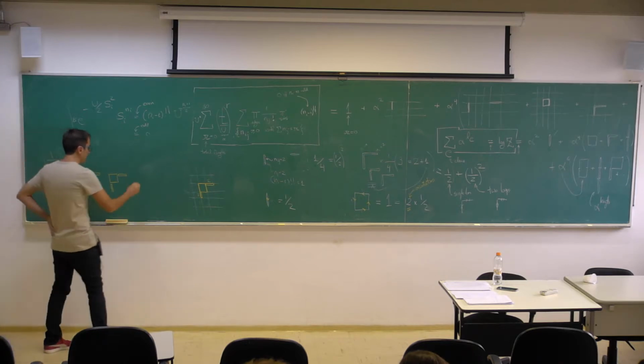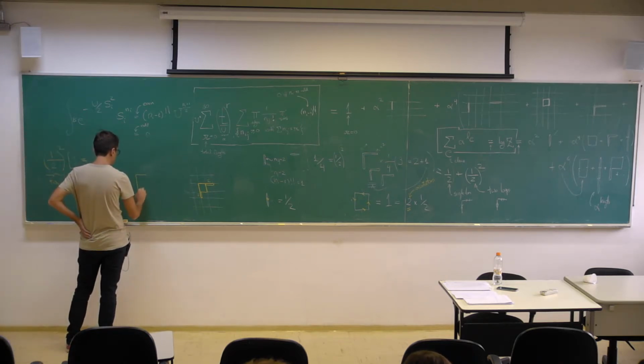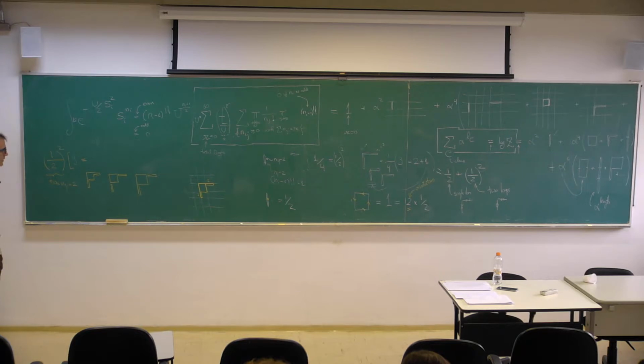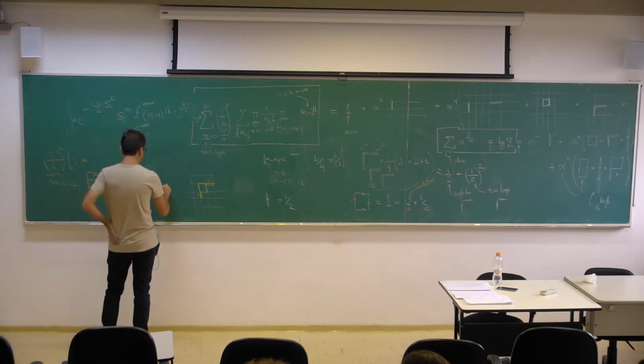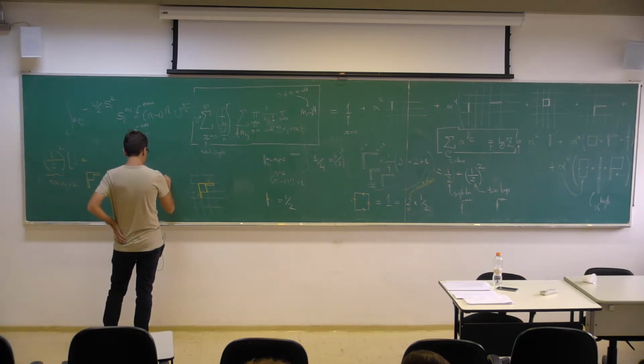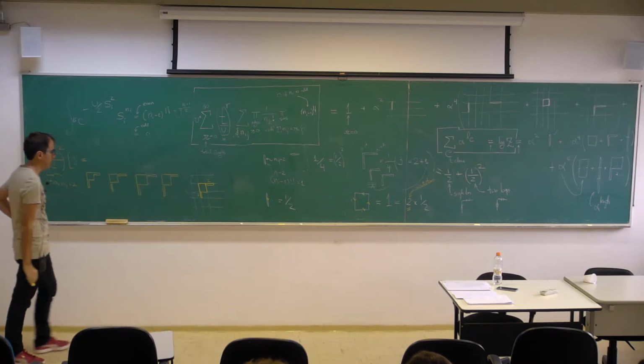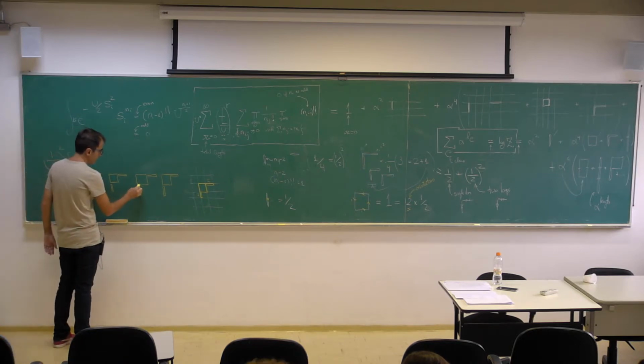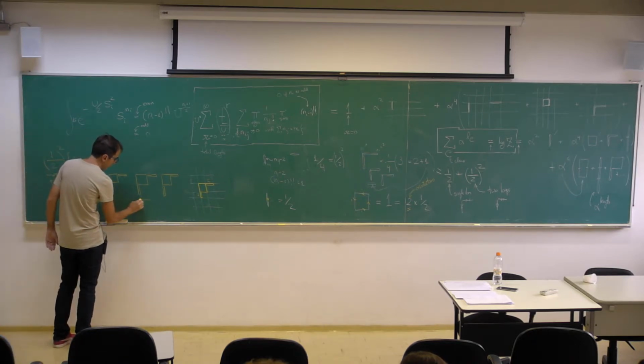But there are also other possibilities. There's also this one. And there's also this one. And you see that here I can also twist this and reconnect, but this is the same graph.